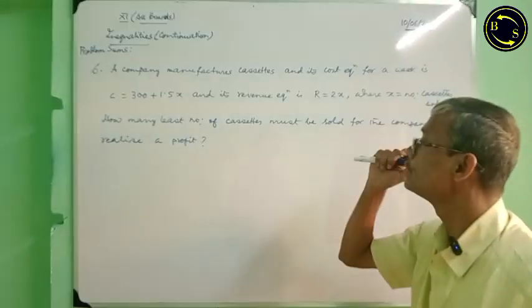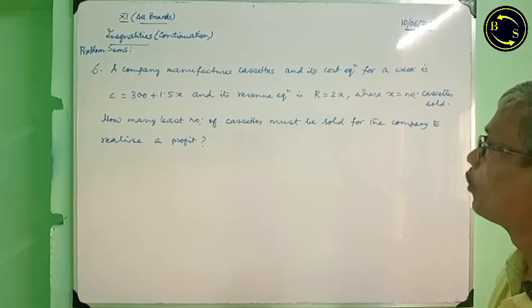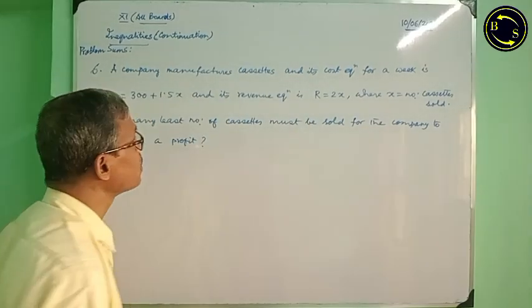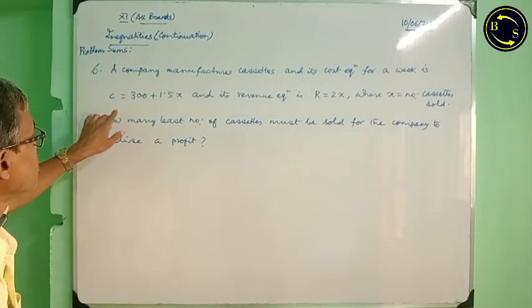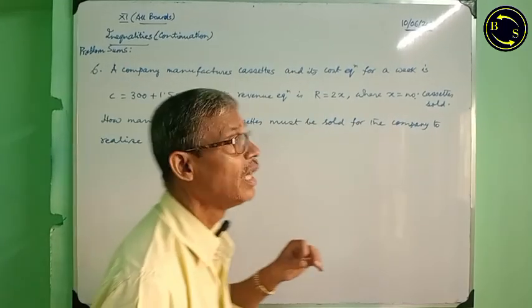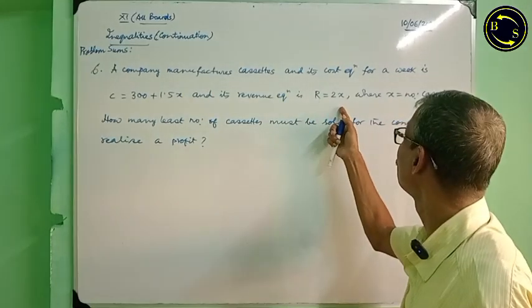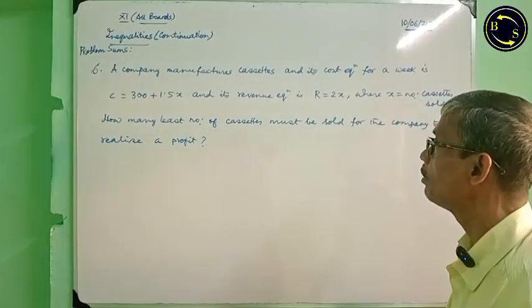Next sum is another application problem for a company which is manufacturing cassettes. Cost equation is C is equal to 300 plus 1.5x, and revenue equation is given by R equal to 2x, where x is the number of cassettes produced by the company.